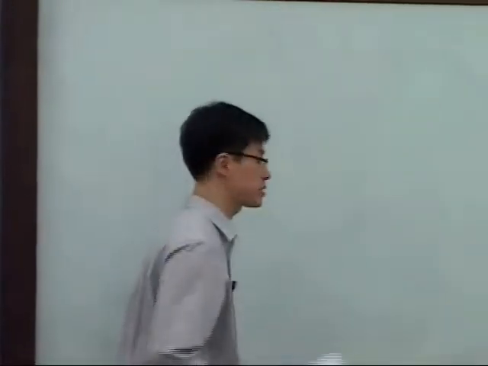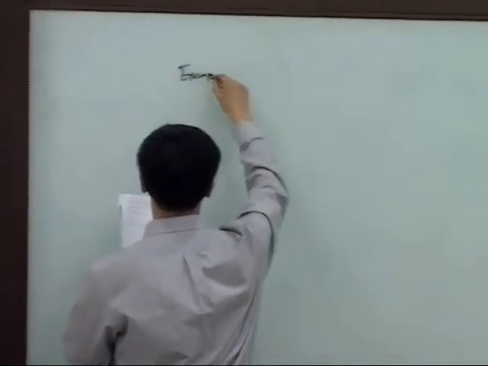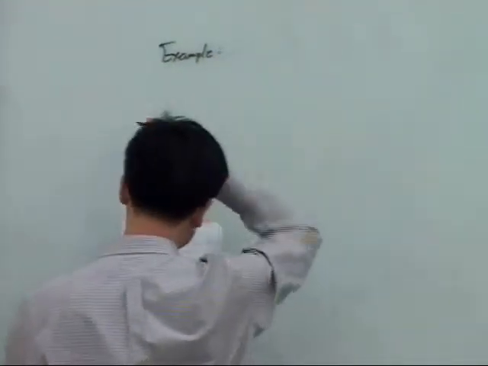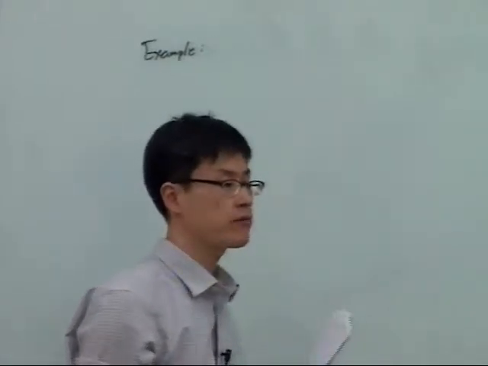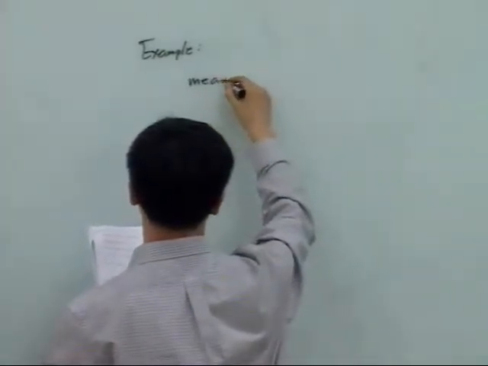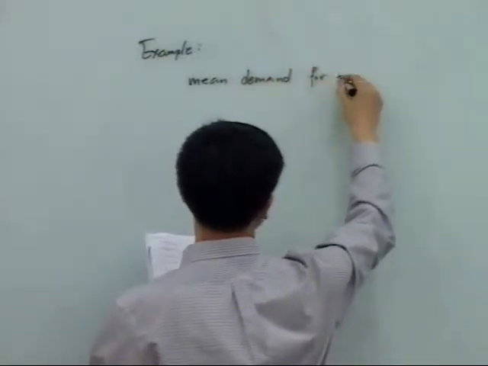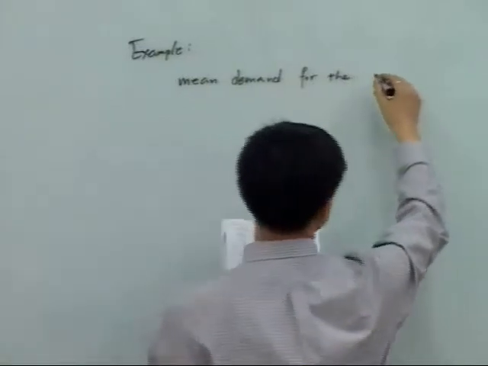We've talked about this base stock model, and let's think about some example. Okay, it's for the refrigerator. So let's say there is a mean demand for the refrigerator.